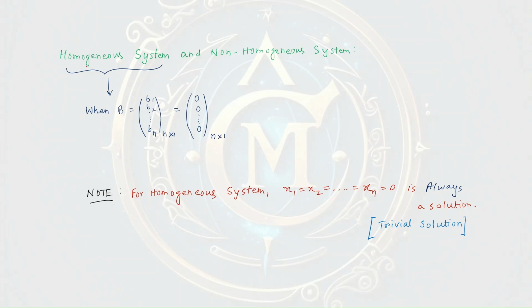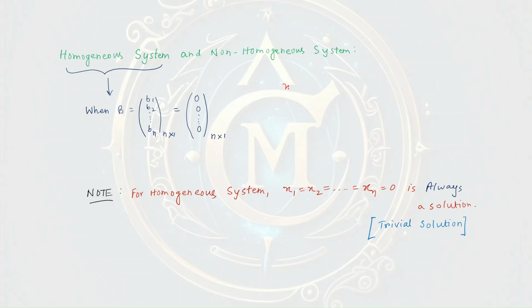Similarly, a homogeneous system is a system where the B matrix, that is the matrix on the right hand side of this system, is equal to this matrix. That means all the elements of the B matrix become 0.